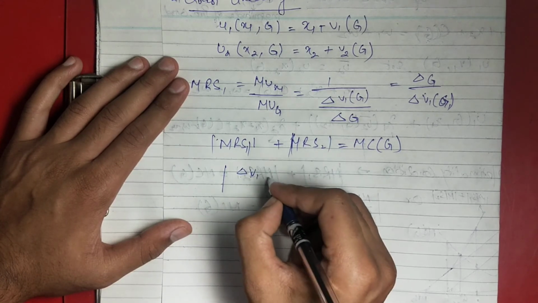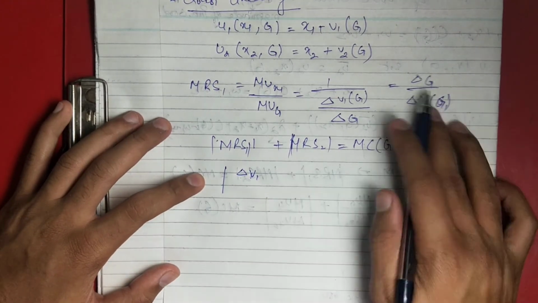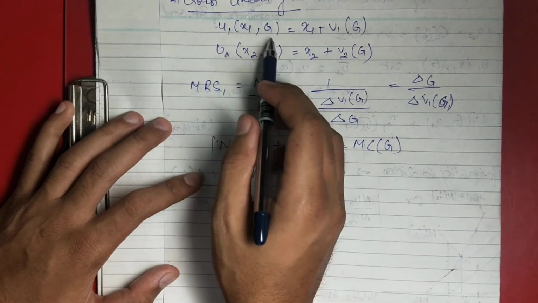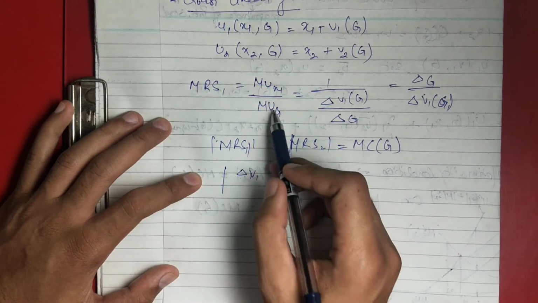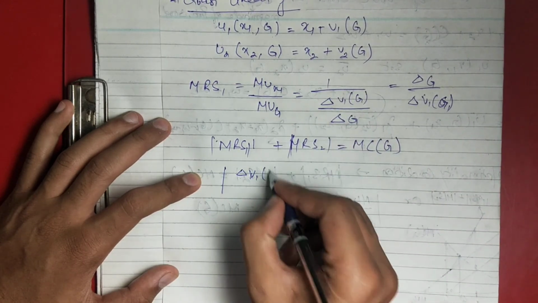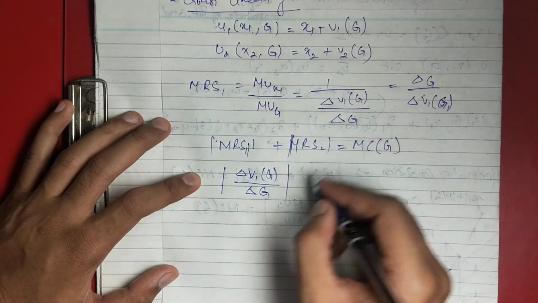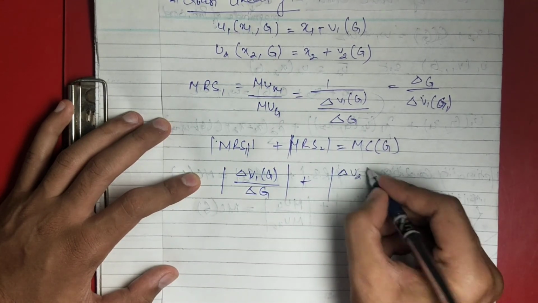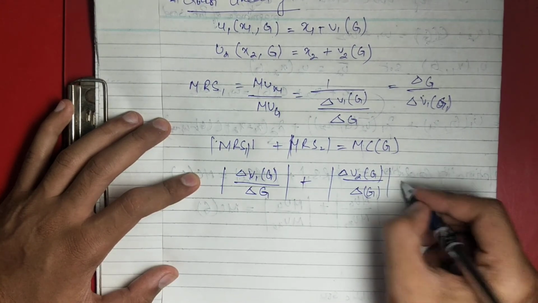It will be delta v1(G) upon delta G. Just to make it simple, we have interchanged the notation, so that MRS is MUg upon MUx1. So your answer will be this only, delta v1 upon delta G, and the sum of these is equal to MC.